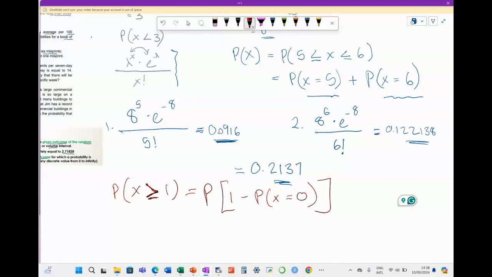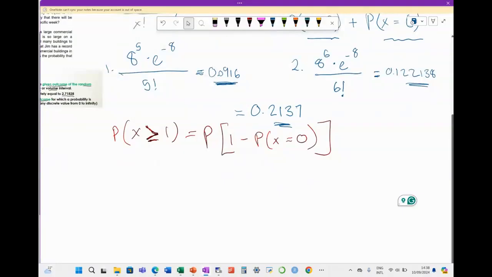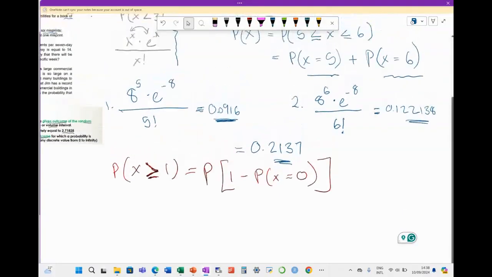This at least is a little bit easier. Going back to our formula, we know our average is 8, and X is 0, so we have 8 to the power 0 times e to the power negative 8, divided by 0 factorial.